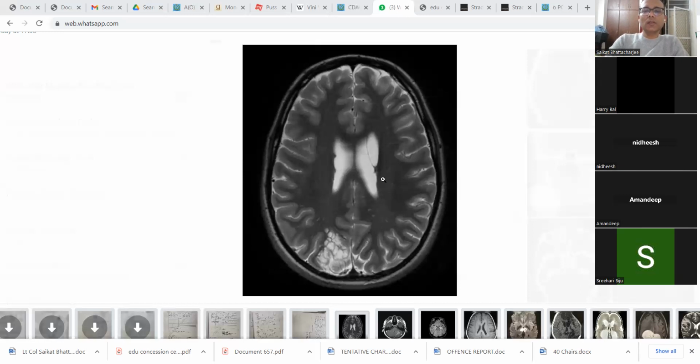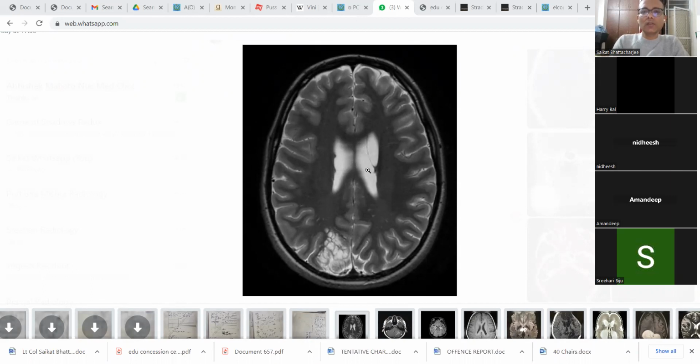This one looks like a... what do you see? I mean, just a quick description of whatever is seen.